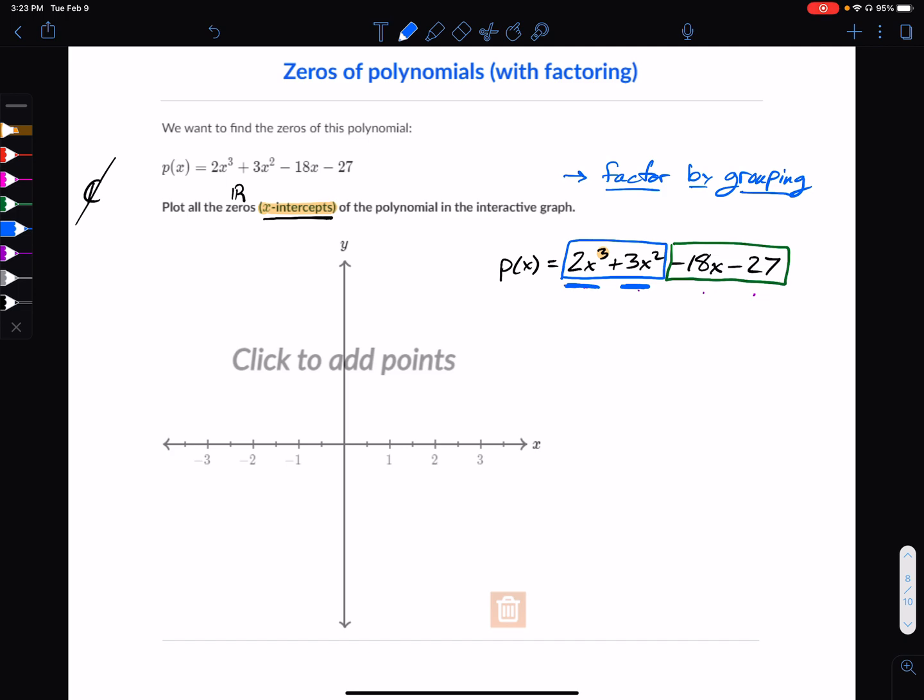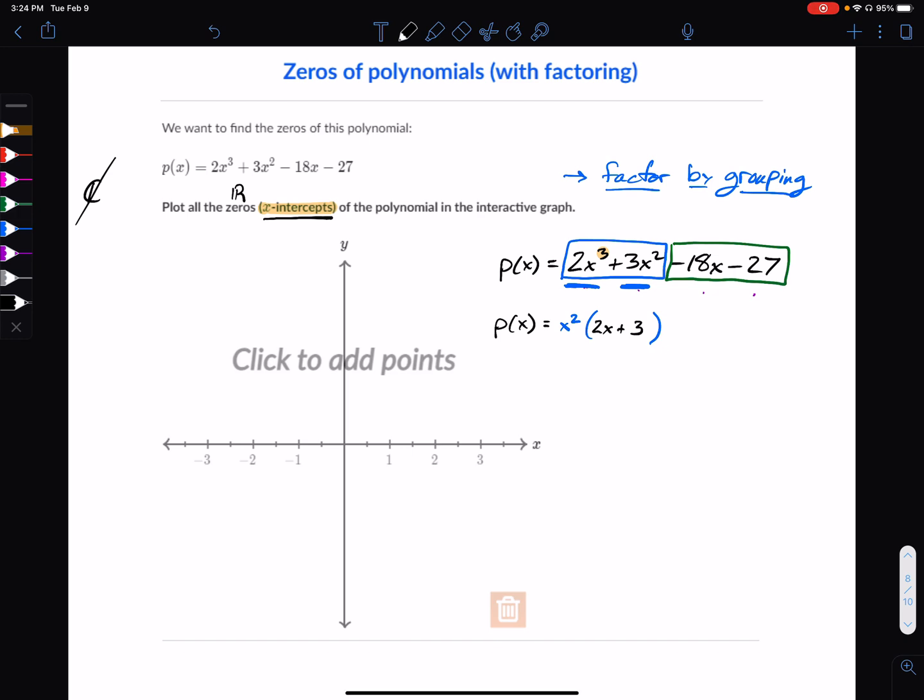And all I could pull out there is the x squared. Okay, I should keep my p of x equals intact here. And they both have an x squared. 2 and 3 don't share any unique factors other than 1. So you're going to see inside here just a 2x plus a 3 is all that's left.